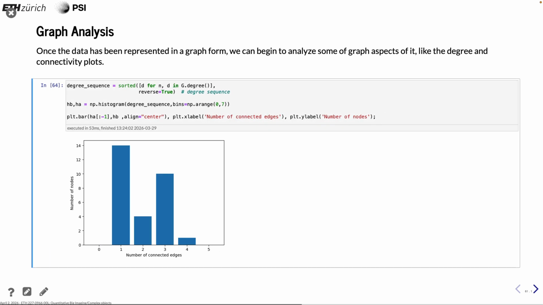So we can, of course, also look at the topology in the analysis. Here we can see how many nodes are connected with how many edges. And most nodes are connected to, actually it should be +1, I think. Or no, these are the endpoints. So all the endpoints only have one node.